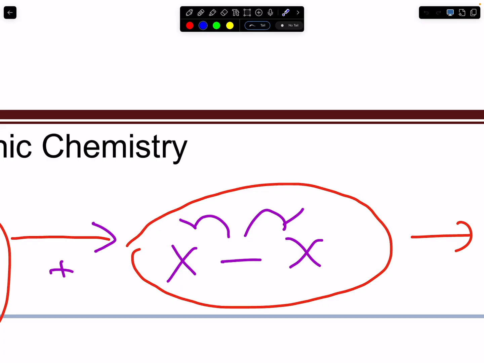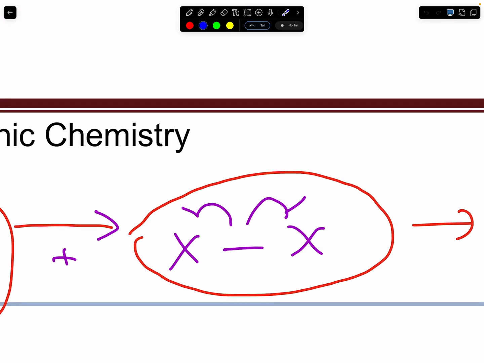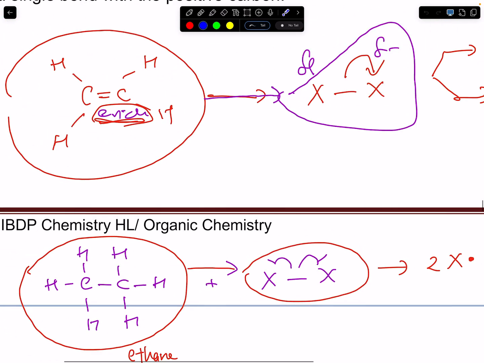So when they undergo a breakup, they're going to break up homolytically. What's homolytically? Homo in Latin means same. So each atom receives one electron. X receives one electron, the other X receives the same one electron. And because they receive the same number of electrons, we call it homolytic. Are you all clear?